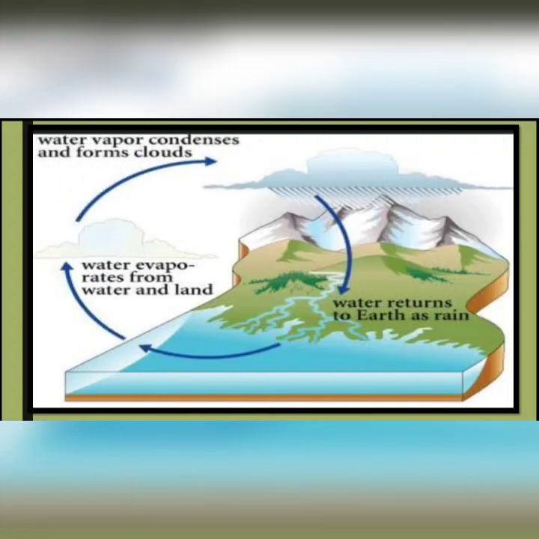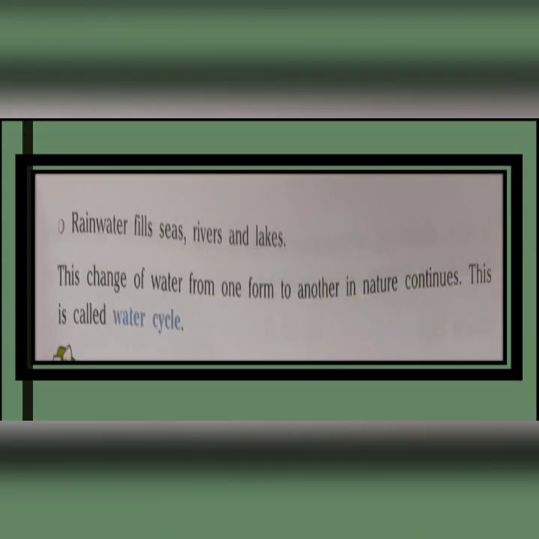And it is a continuous process. The change of water from one form to another form in nature continues, and it is called the water cycle. So all of you have understood what is the water cycle, right?